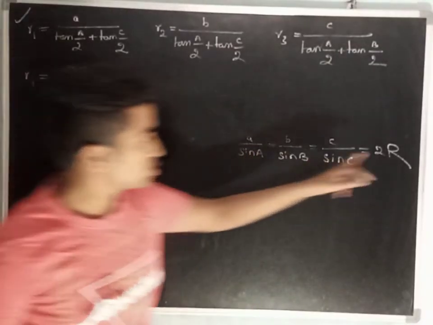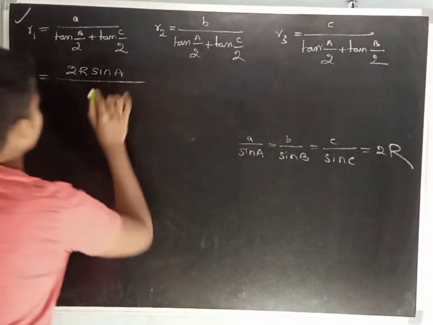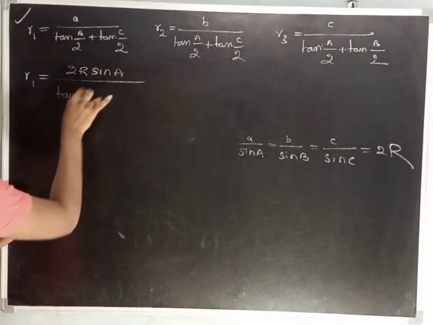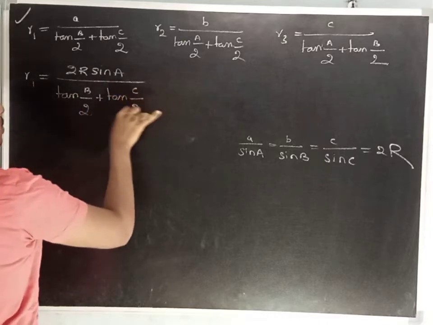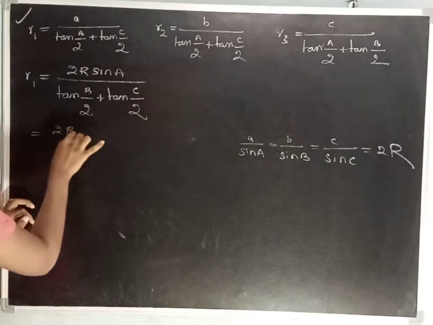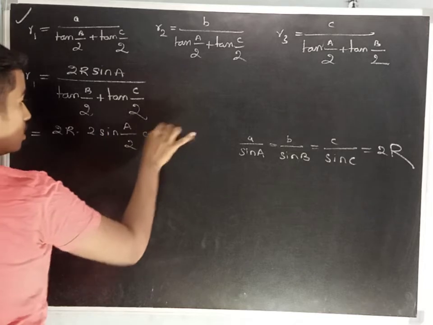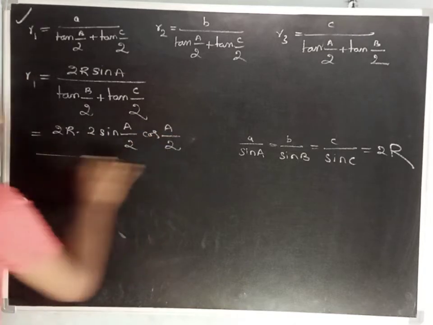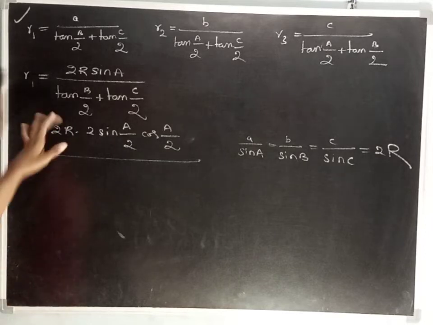So A is going to be 2R sin A, which is 2R into 2 sin A by 2 cos A by 2, divided by tan B by 2 plus tan C by 2.